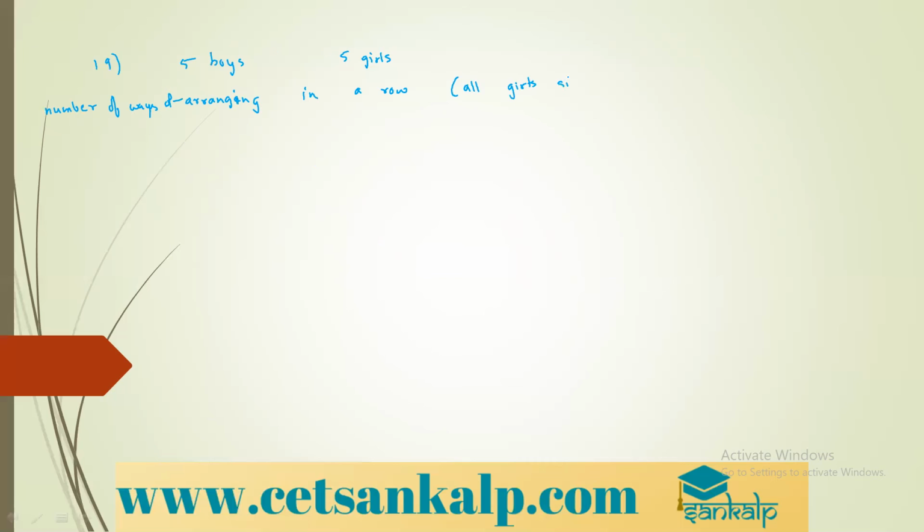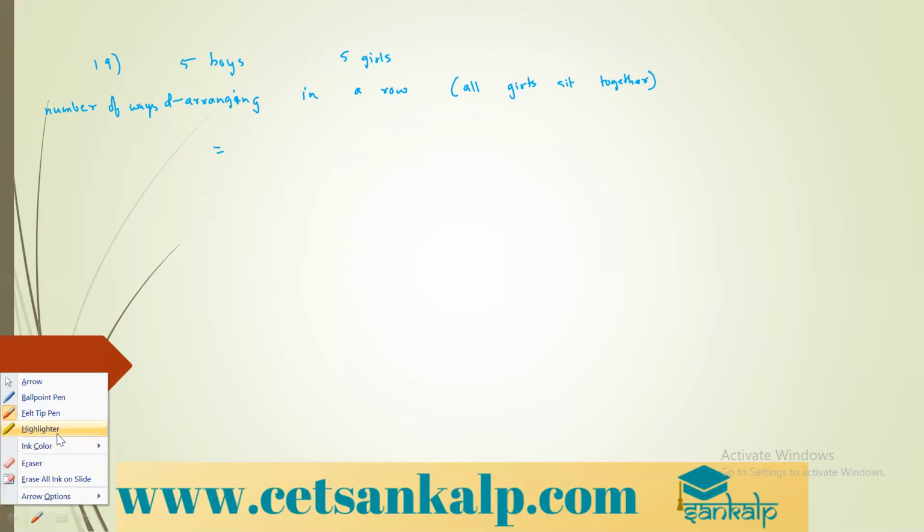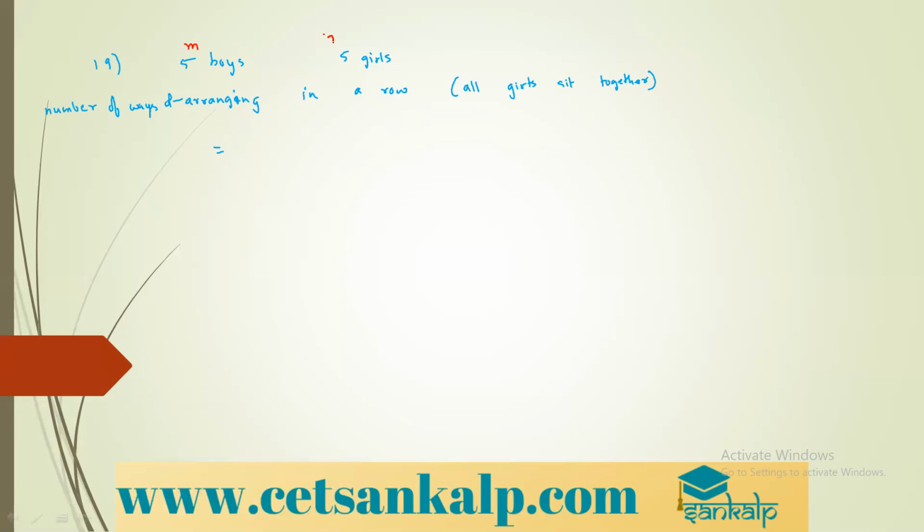This also I gave you a shortcut formula. Do you remember? First type M things, second type N things. Then you are arranging these such that all N things are together.